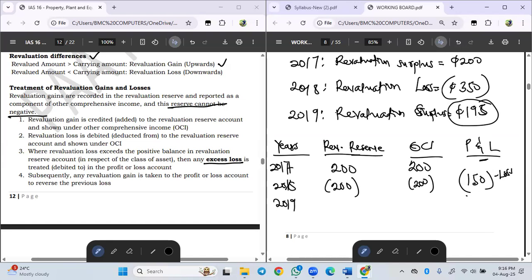So you go to P&L and reverse the previous loss. What's the loss there? We have 150. Here we have a revaluation gain of what? 195. The P&L previously had a revaluation loss of that same asset, not a different asset. It's the same asset. So you go to P&L and credit this amount so that we take it out.